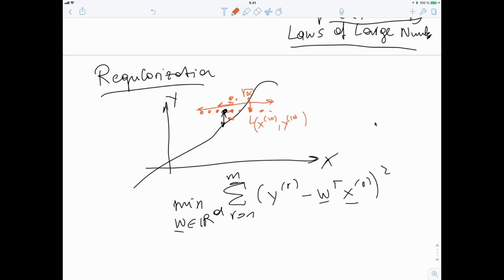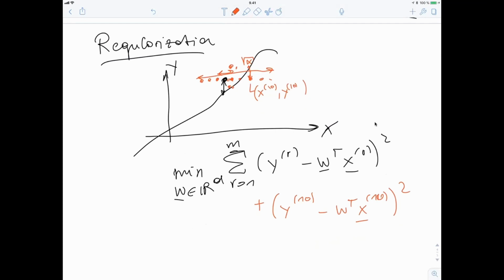For each augmented data point, we get an additional error term in the training error: y10 minus w transposed x10, squared. And you can increase M as large as you want, as many realizations as you draw. So this is called data augmentation.